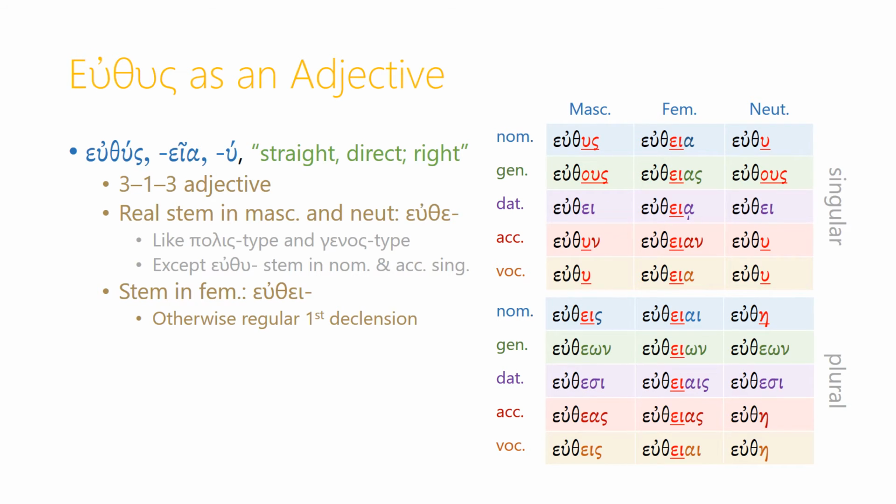The only thing to remember there is that there's this sort of extension on the stem. So instead of just eutha, we have eutheia, and the genitive eutheias, and the dative eutheia, etc. But aside from that, the feminine forms are very regular first declension.